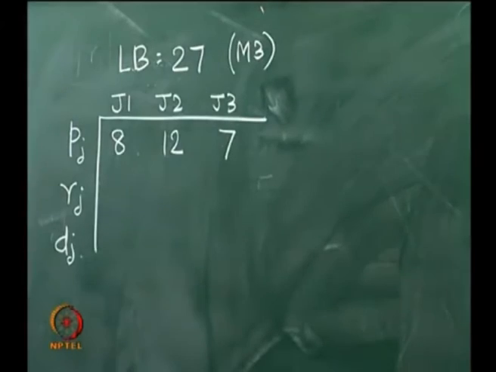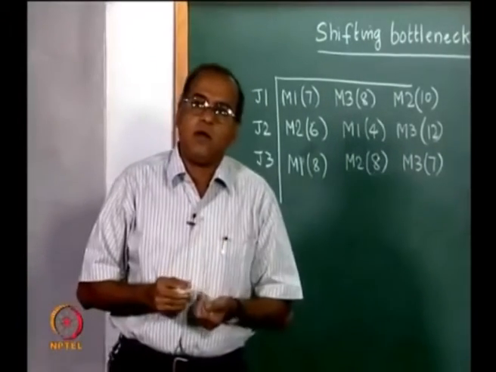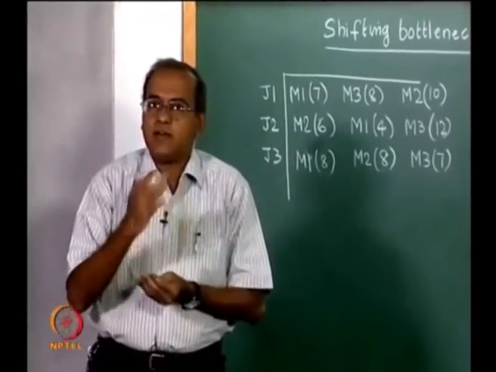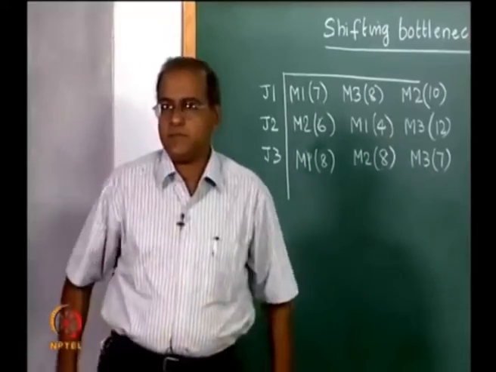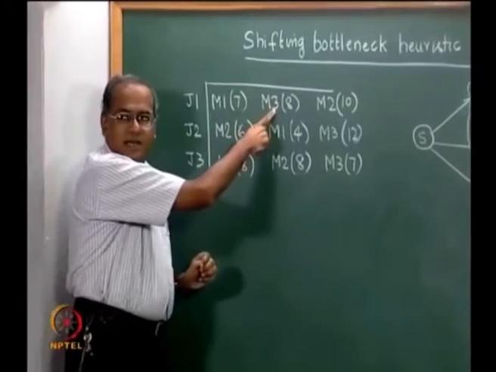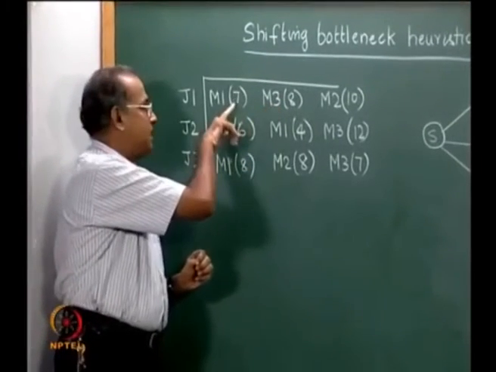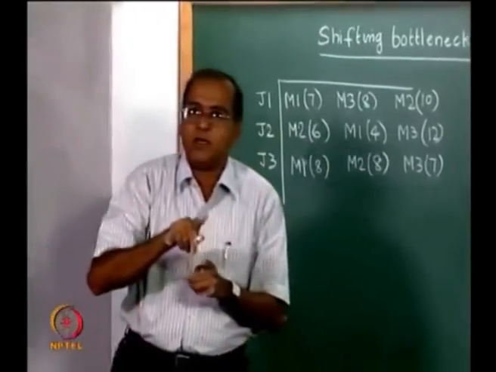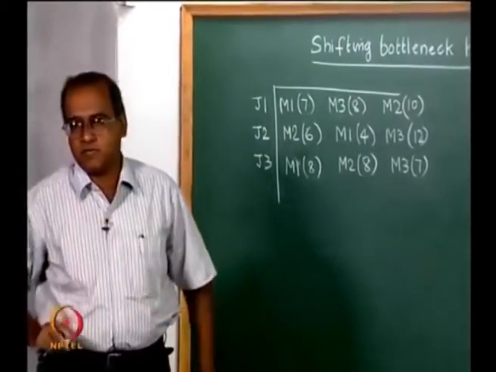Now, let us go back and find out the rj, which is the release time of the job, or the earliest one can expect the job to be made available for M3. So, if we look at J1, earliest it can be made available for M3 is 7 because it has to finish on M1 and only then it has to come on M3.